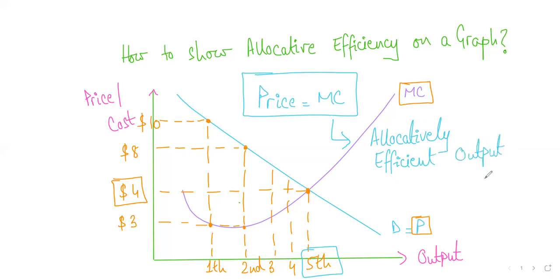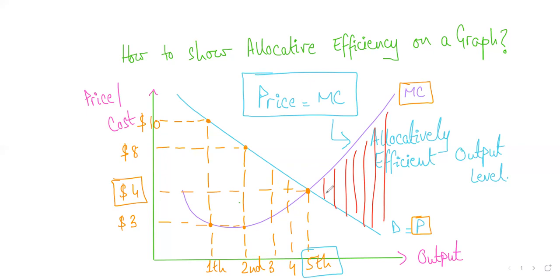Anything less will not be allocatively efficient because you are underproducing. Something is worth producing, but you're not producing it. And any quantity greater than this, do you think producers will be interested in producing any quantity more than 5 units? Do you think producers will be interested in producing anything in this region of the graph? No, right?